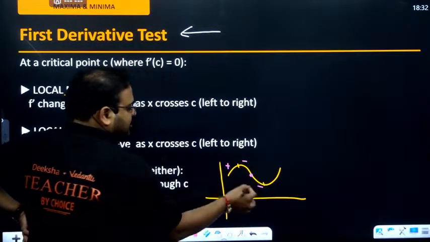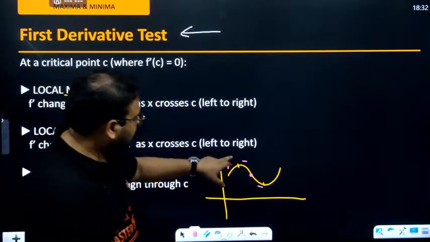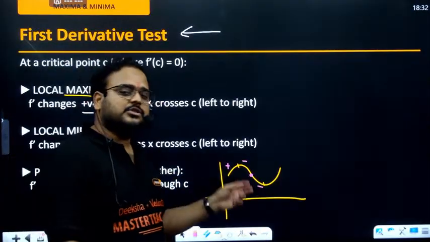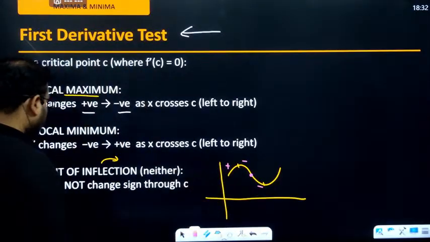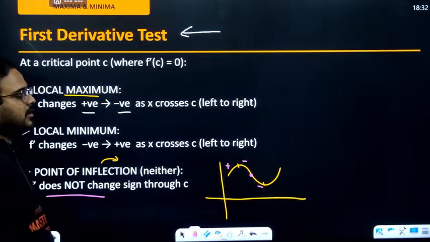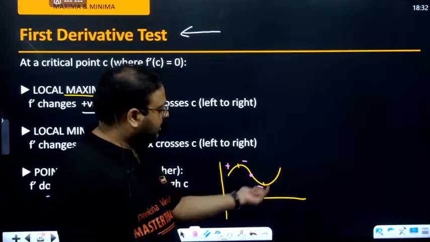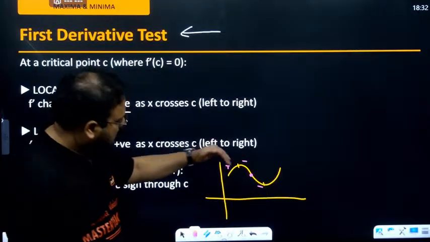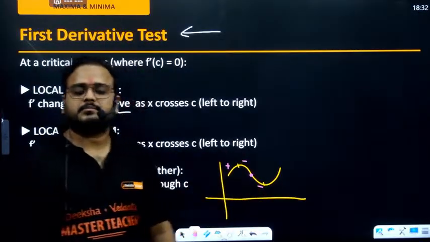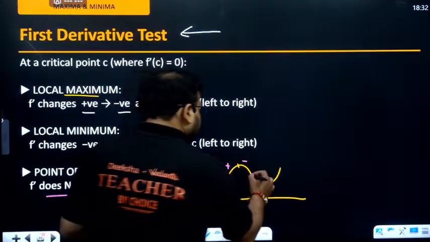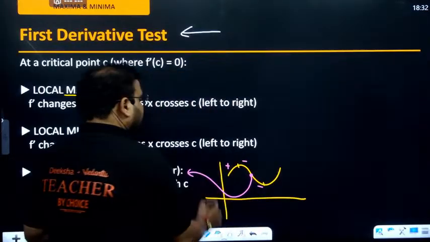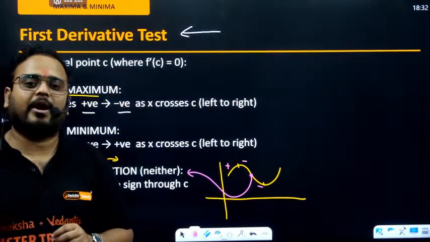Means the sign is not changing. The derivative is negative only. So when the sign does not change, and the concavity is changing like this, concave down, concave up, cupping down, cupping up, that point here is called a point of inflection.